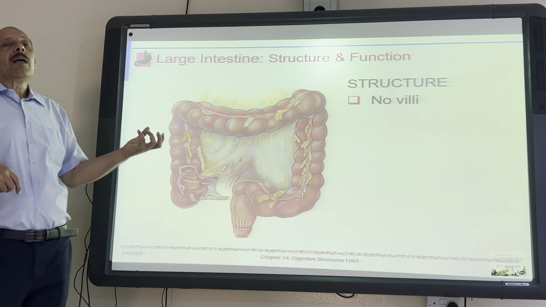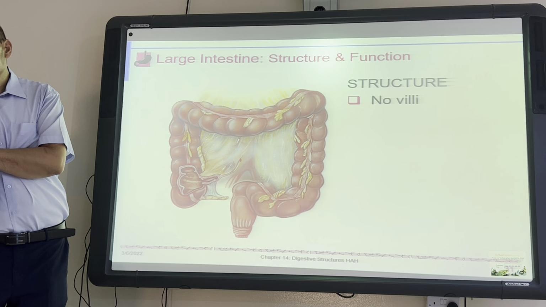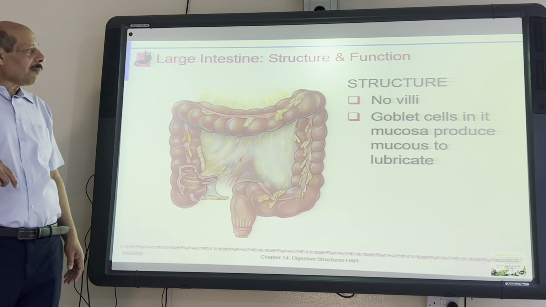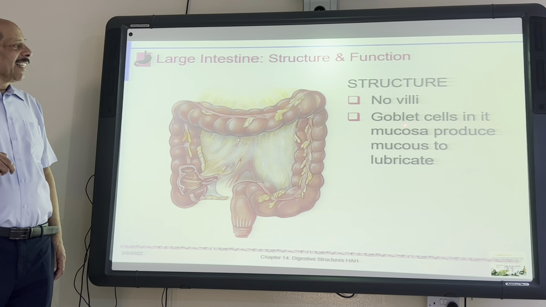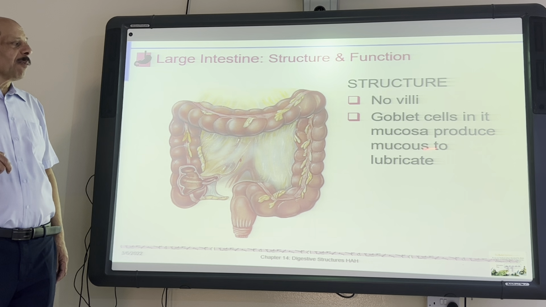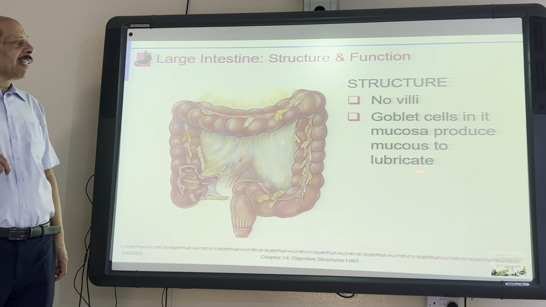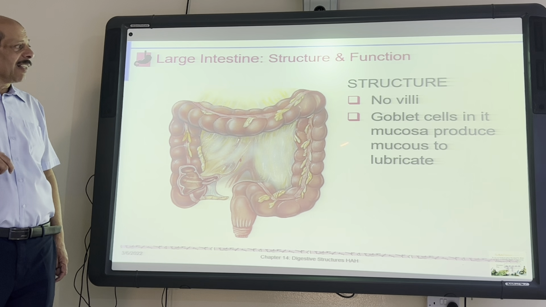Here, absorption is there, but absorption of what mostly? It is mostly for water. So goblet cells are in the mucosa, which also produces mucus, and it leads to lubrication of the intestine. So goblet cells are there, but there is no villi.